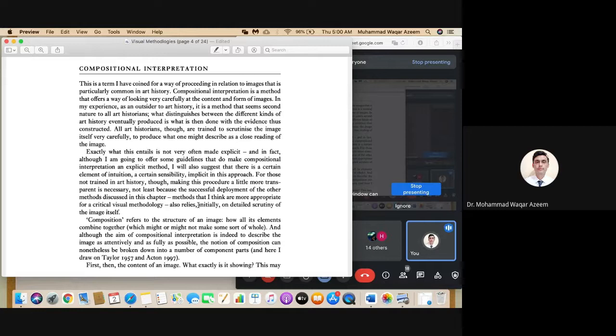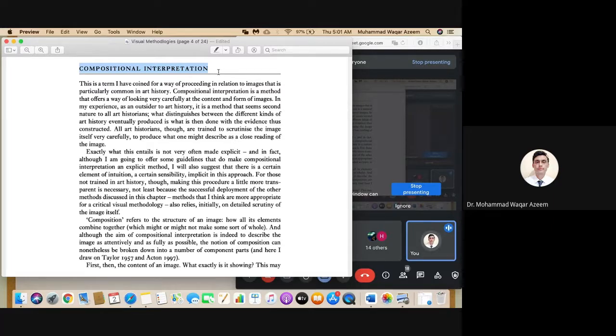So I always teach my students interpretation of any given literary text, because that is eventually what we all, students of literature and teachers of literature, always do, right? But this is compositional interpretation. So this is not just interpretation, but compositional interpretation, right?